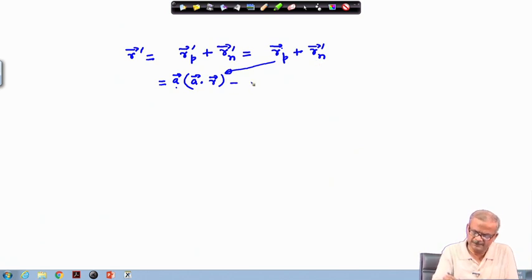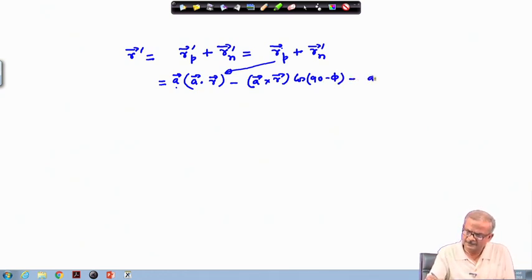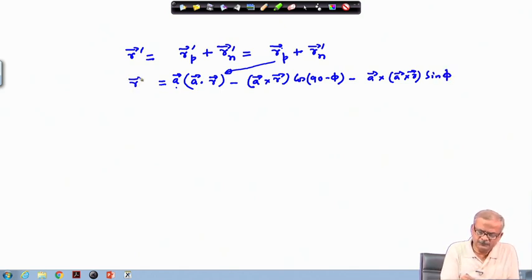So, we just copy that. So, this is a cross r cos 90 minus phi and minus a cross r sin phi. So, this is our rotated vector.